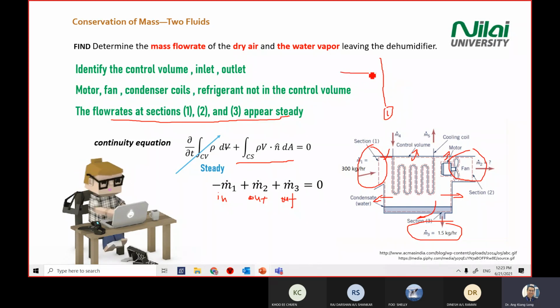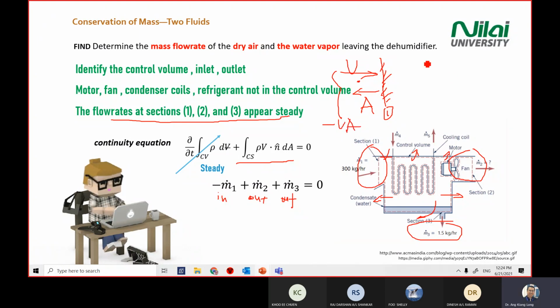The second step, you include the velocity. The third step, you draw the area of the opening. The area always points out of the opening. Section 1 opens to the left-hand side, so looking at the arrows, the velocity is opposite to the area in the dot product, which gives negative V dot A.